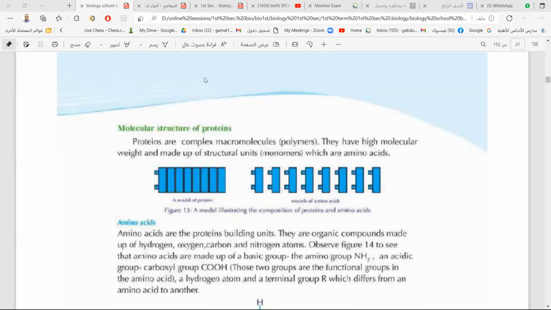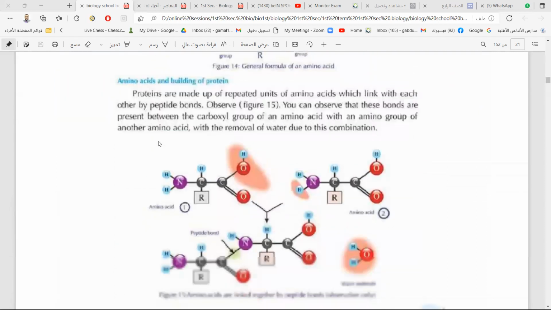So we can produce a large number of proteins from only 20 amino acids. We have only 20 amino acids, but we have a large number of proteins.